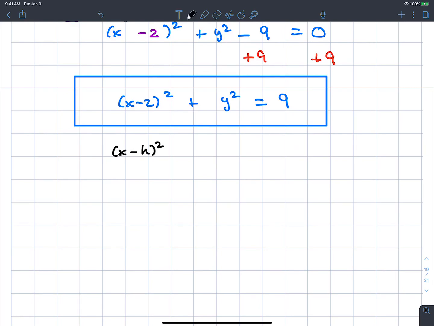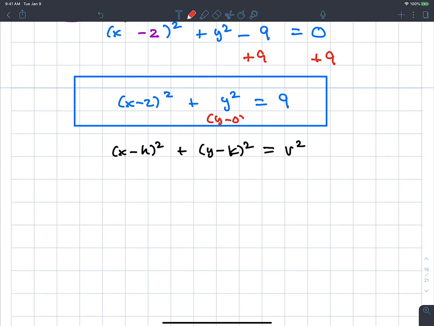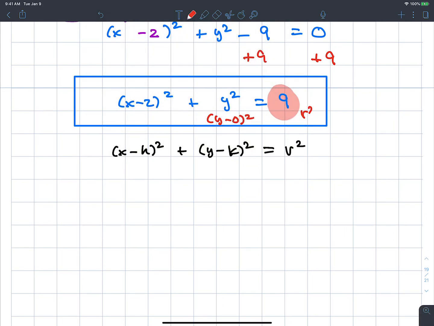X minus h squared plus y minus k squared is r squared. It's general form. Of course, y minus 0 squared here. 9 is r squared. So if r squared's 9, r is plus or minus square root of 9, r is plus or minus 3.